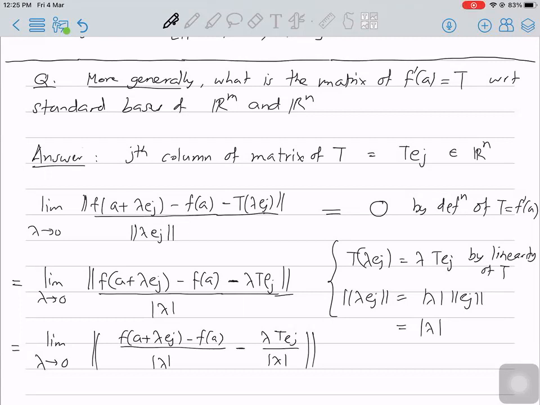Sir, could we not remove it because the norm would take care of that anyways? Exactly. So here is the thing. I want to claim that, remember, because this limit is 0, if I remove the absolute value around lambda, it wouldn't matter, right?